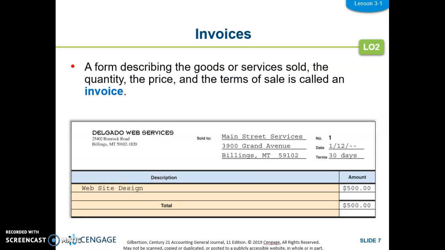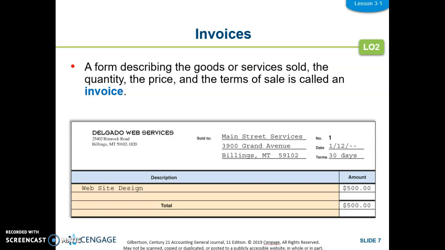Another type of source document we will have is an invoice. When services are sold on account, the seller prepares a form showing information about the sale. A form describing the goods or services sold, the quantity, the price, and terms of sale is called an invoice. Terms of sale could include the due date of the invoice and any penalties for late payment.